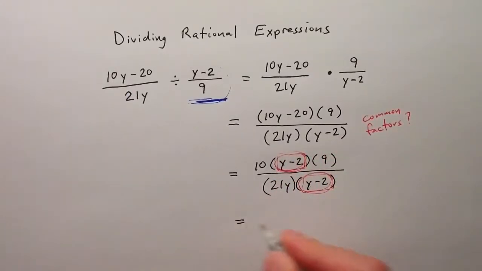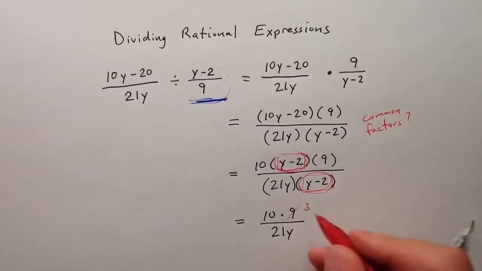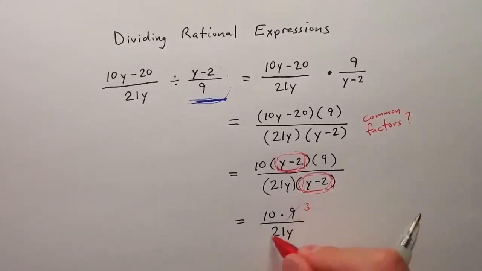So we get a simpler expression, 10 times 9 divided by 21y. And before we say that that's the final answer, of course, I could multiply together the 10 and the 9, and that wouldn't be too bad. But 21 and 9 have a common factor. They're both divisible by 3, so that leaves a 3 behind. 3 times 3 is 9, and 3 times 7 is 21.